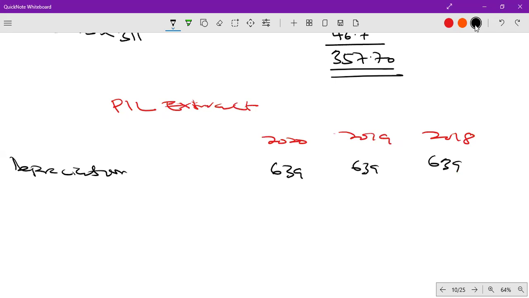That's all. Then we'll come to the revaluation loss. There was a revaluation loss in 2020, which was 669 minus 156.1. That will give us how much? 512.9.